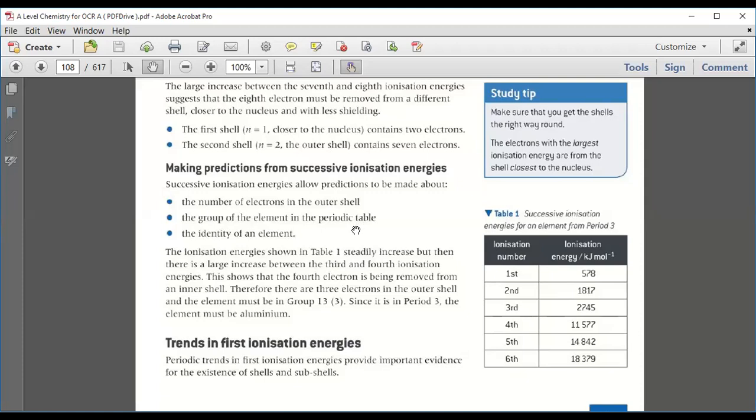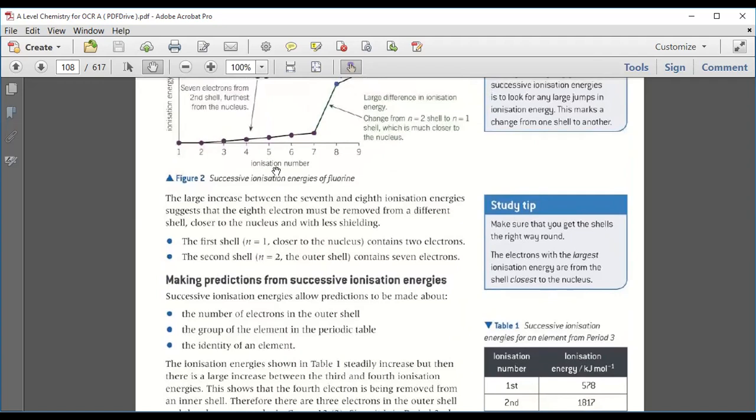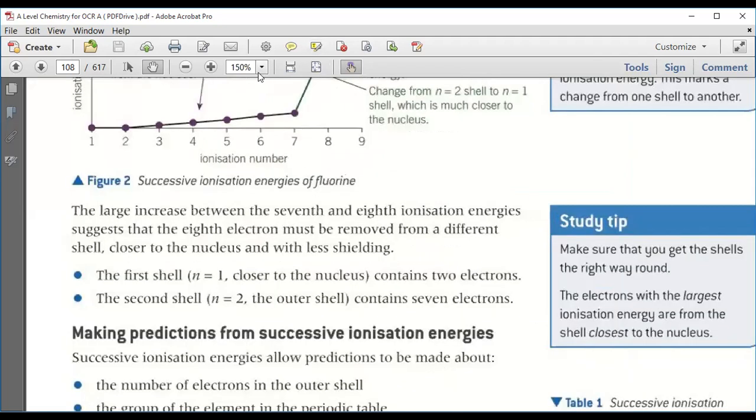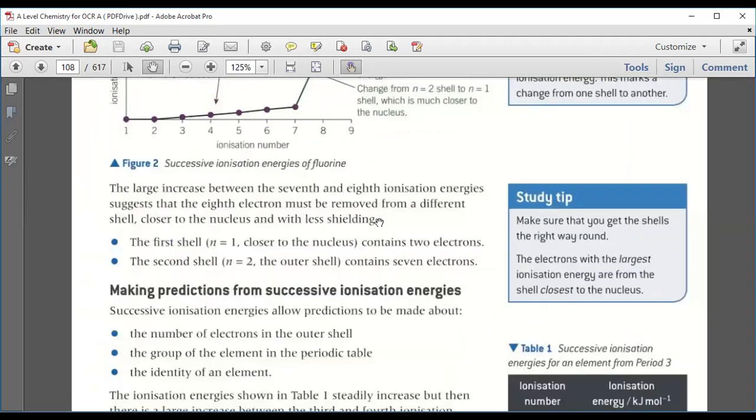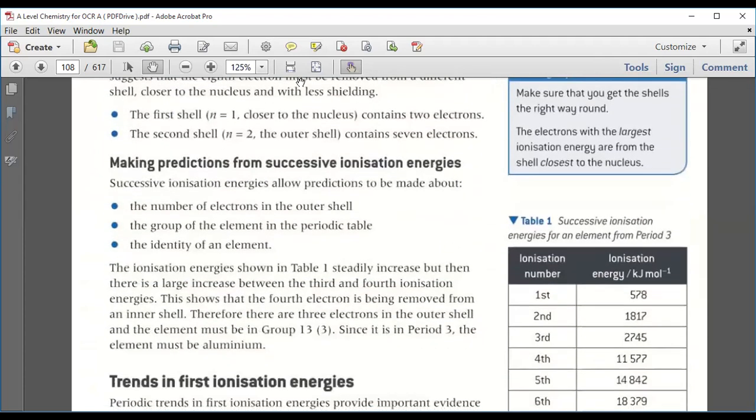That is because it is a p block element. So we can also predict the group of the element, and we can identify the element also. So the ionization energy shown in table 1, in this table.